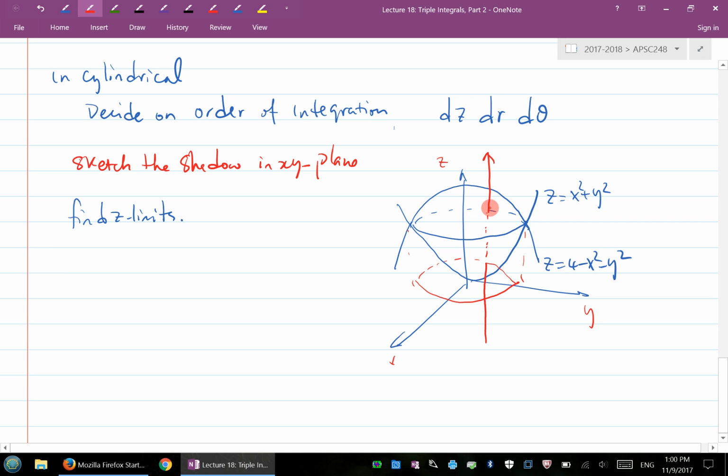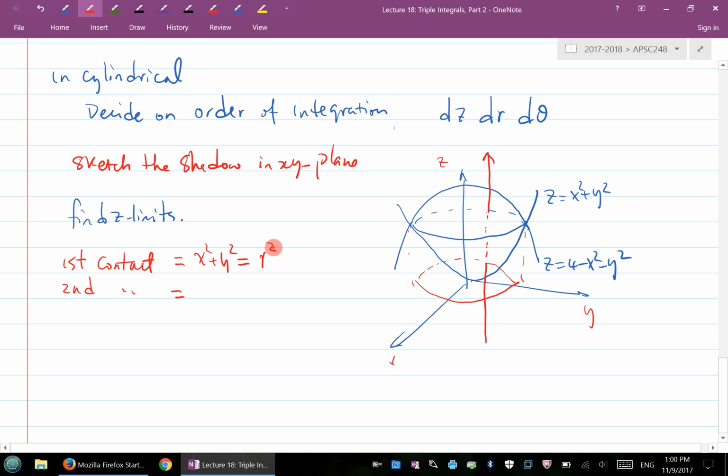But we're not going to use Cartesian coordinates. The first contact is x squared plus y squared, so replace x and y with r cos theta, r sin theta, take out the r squared factor, and the rest becomes 1.